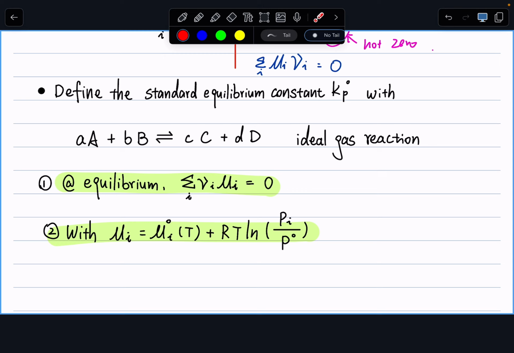Everything else, I move to the right. On the right, we get negative RT times C ln PC over P naught plus D ln PD over P naught minus A ln PA over P naught minus B ln PB over P naught.